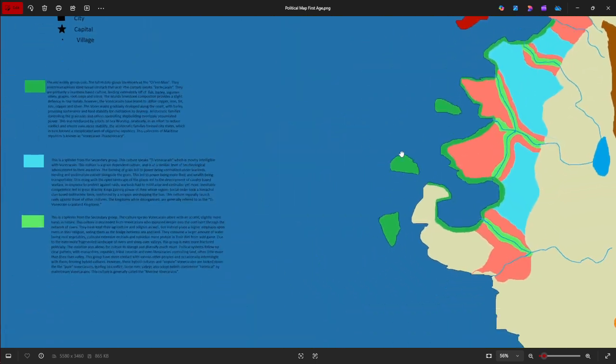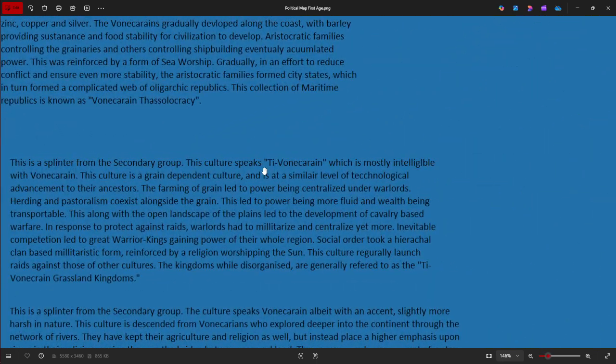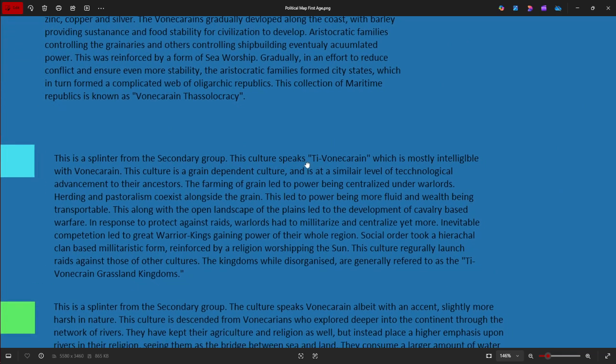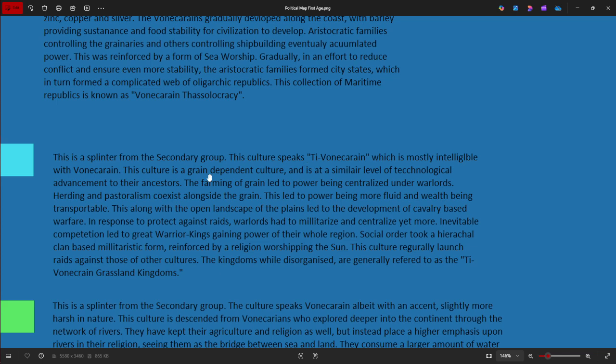So now we have a last culture, and these are the people who settle upon the temperate grasslands. These people are called the Thai Vernacularanes, and they speak virtually the same language. These people are mostly dependent on grain, and they have the same Bronze/Iron Age technology. However, they live upon grasslands, which means, firstly, growing grain's pretty easy.